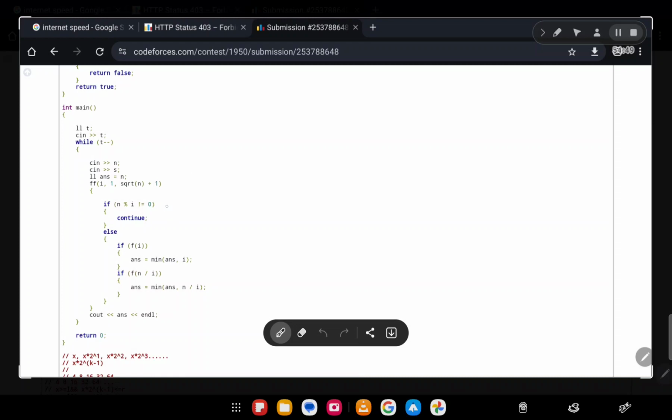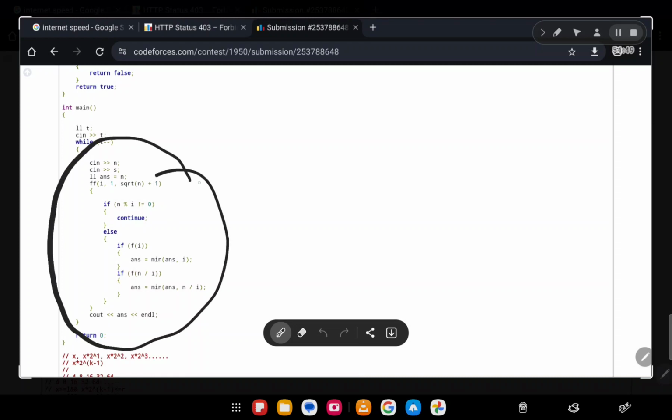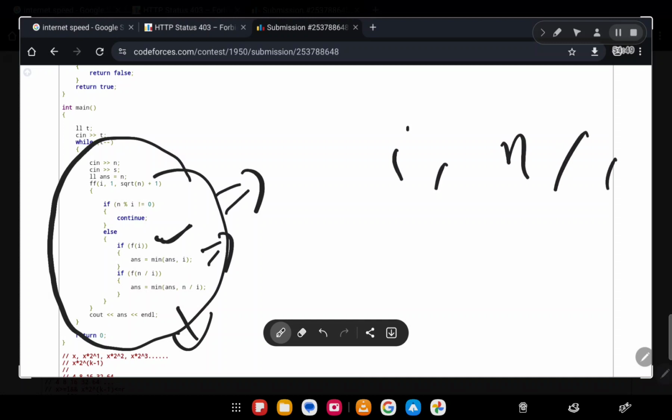This was all about the divisors, which I had told. I am checking whether that particular condition is satisfied or not. If it is satisfied, then I take the minimum among all the n by i values, and I print it.